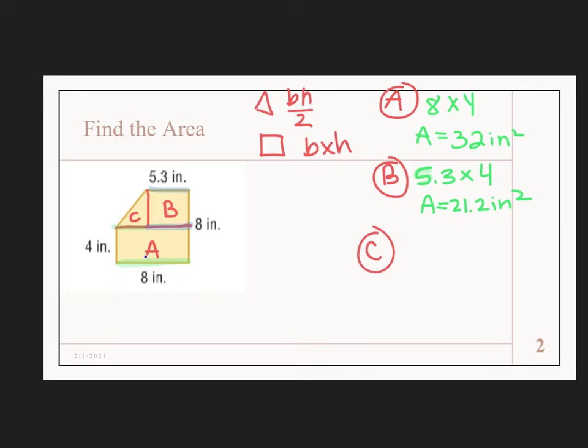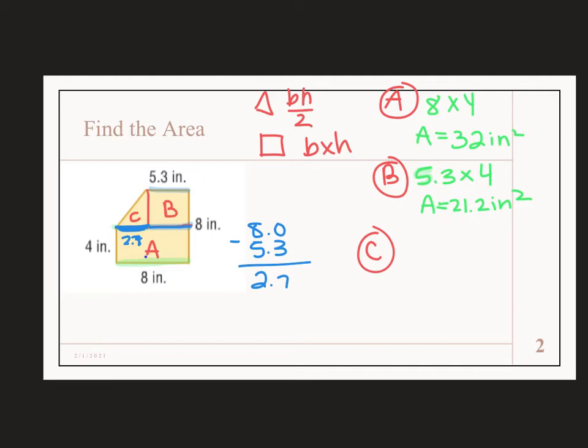So if we do 8 minus 5.3, we would get what that missing piece is. And 8 minus 5.3 is going to give us 2.7, which means this small little section right here that I just highlighted in blue is 2.7, because 2.7 plus that 5.3 would give us a total of 8.